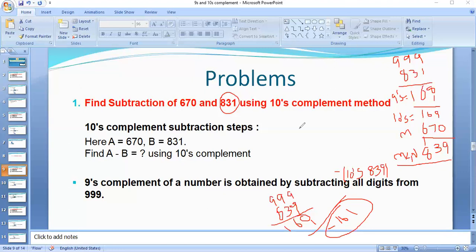Which complement? The 10's complement. How to find the 10's complement? First find the 9's complement and then add 1 to the LSD. You will get the 10's complement result.